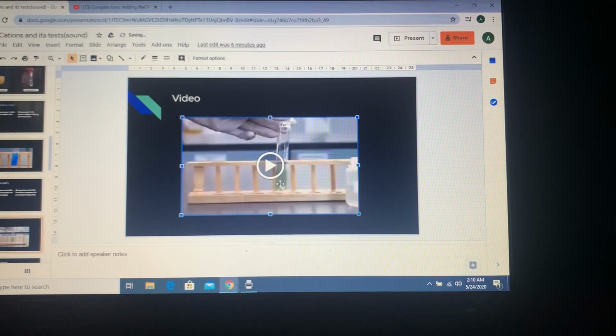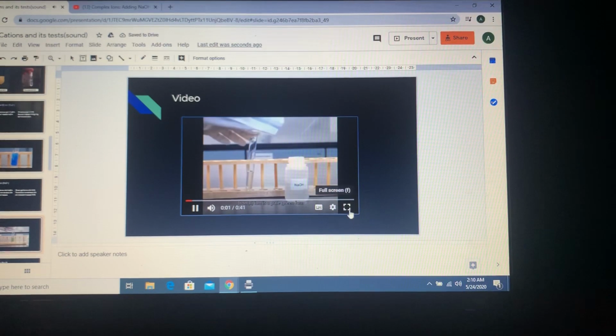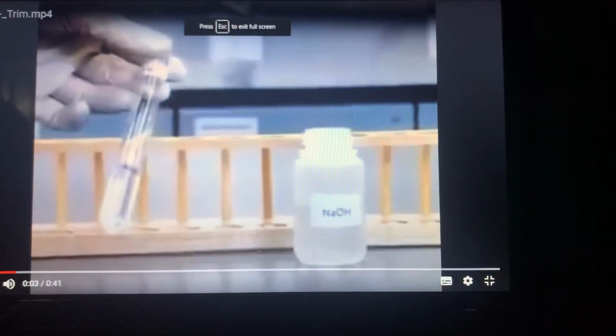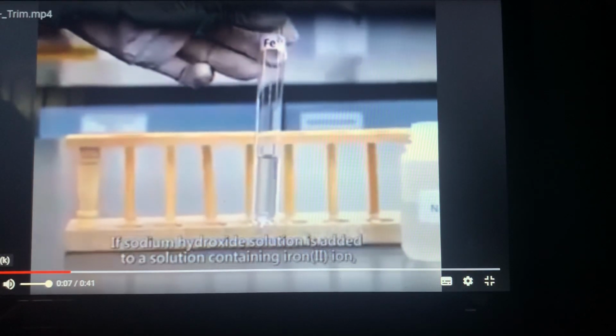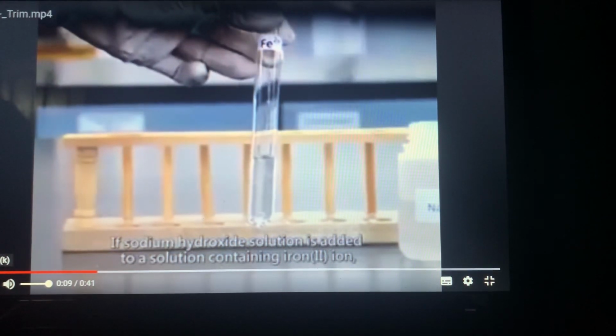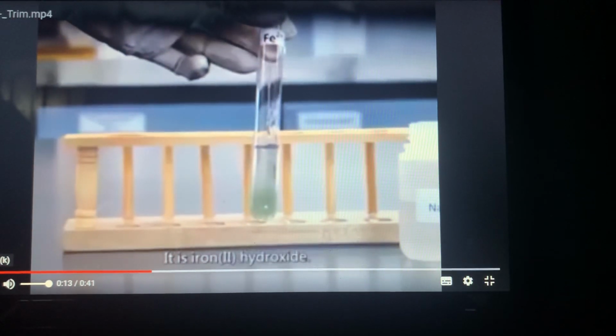So if you look at the video, iron 2 ion is a pale green ion. If sodium hydroxide solution is added to a solution containing iron 2 ion, a green gelatinous precipitate will be formed. It is iron 2 hydroxide. So this is the green PPT formed.